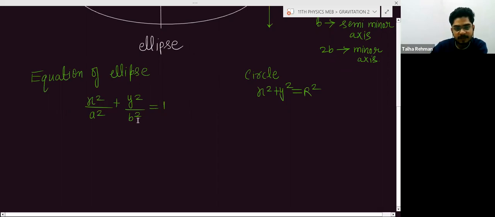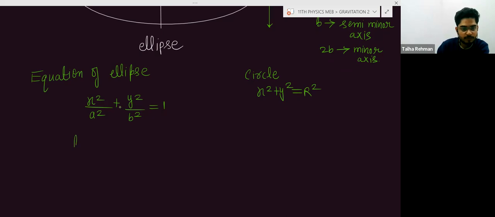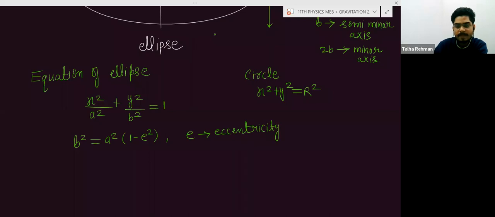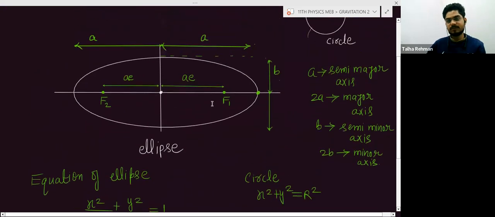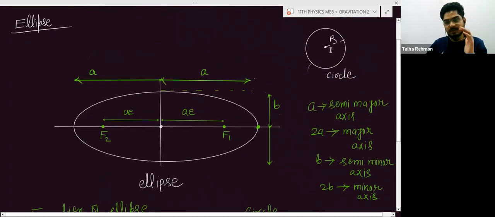There is a relation between b, a and e. b square is equal to a square into 1 minus e square for an ellipse, and e is known as the eccentricity. This eccentricity is basically the measure of how the shape has changed with respect to the circle.